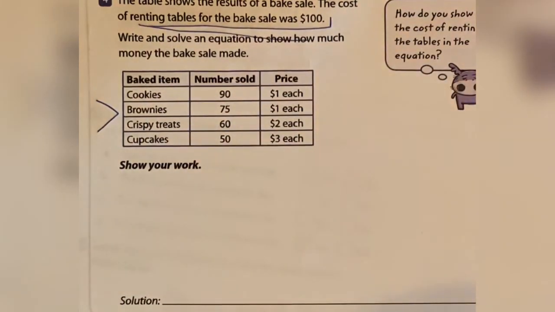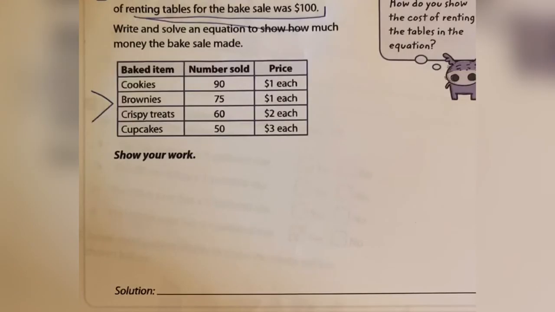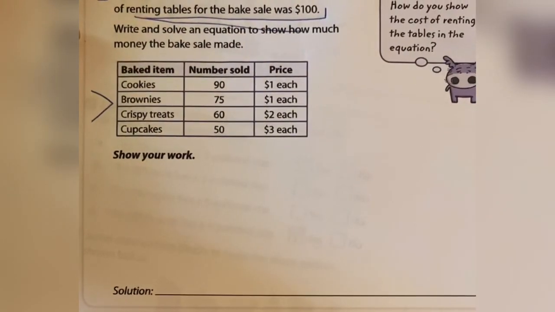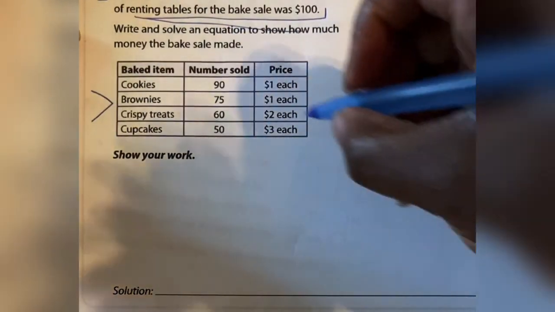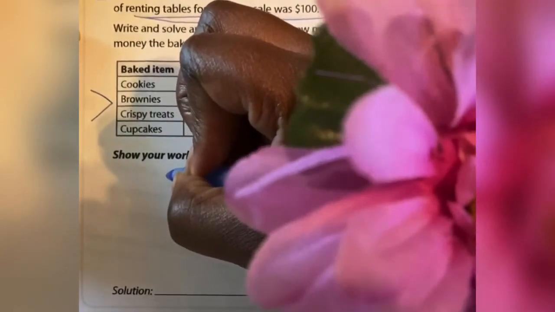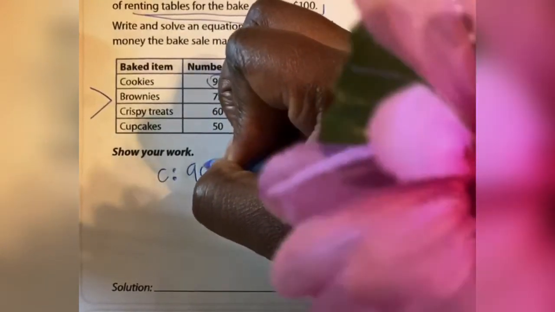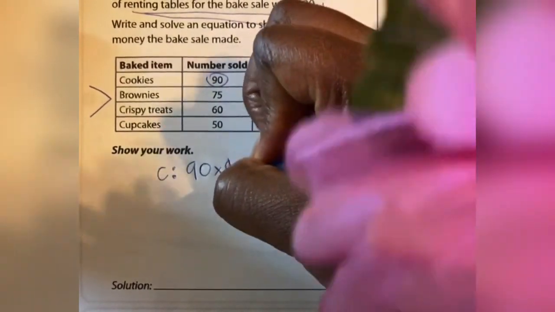Okay, so in order to solve this problem, let's find out how much they made for each item. This is a multi-step problem, so we're going to have to do a few steps to get to our answer. The first thing it says is 90 cookies were sold. So for my cookies, I'm going to put the letter C. And they sold 90, and they were all $1 a piece.